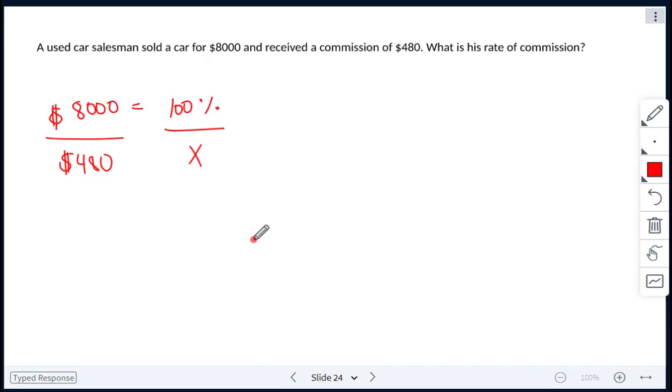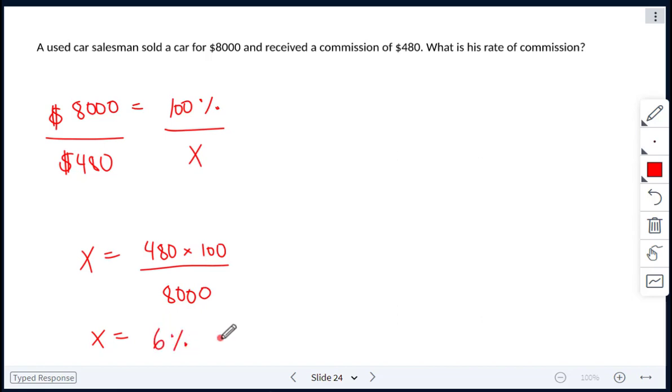All right, so we've set up our ratio. Now we're going to solve using cross multiplication. So 480 times 100, and then divide by 8,000. And you can use your calculators, just to remind you guys. All right, so 480 times 100, divide that by 8,000, and we get our answer of 6%.